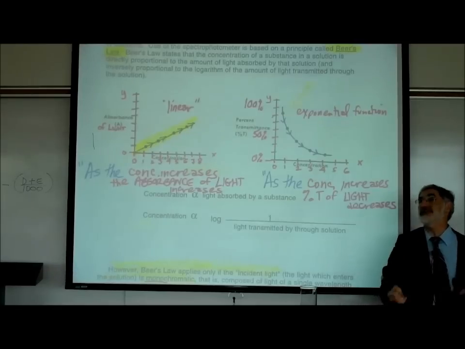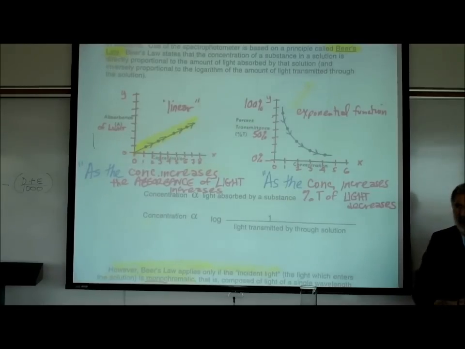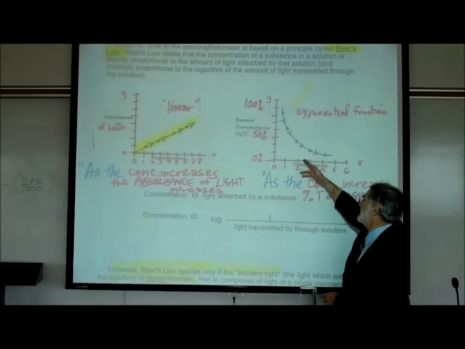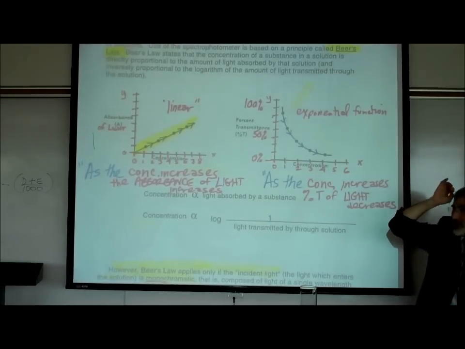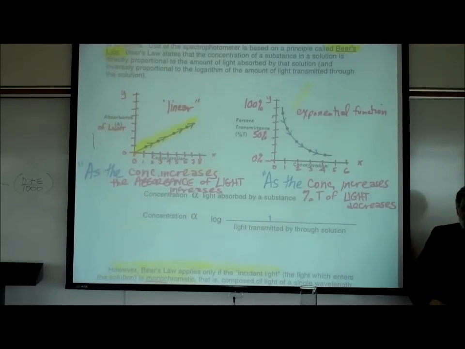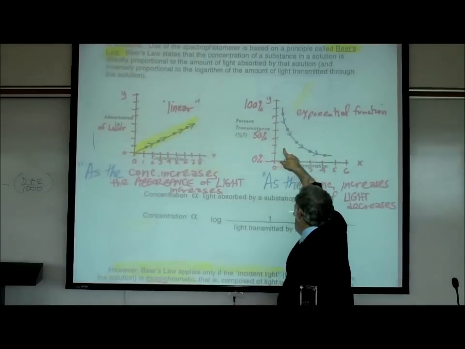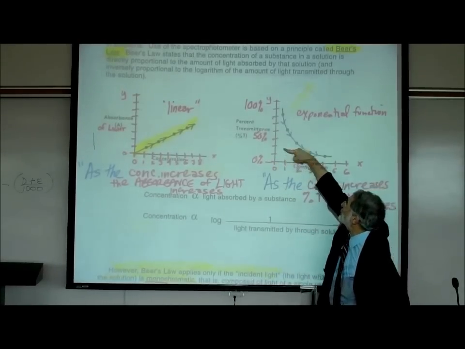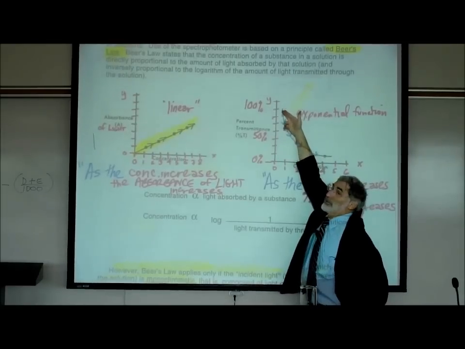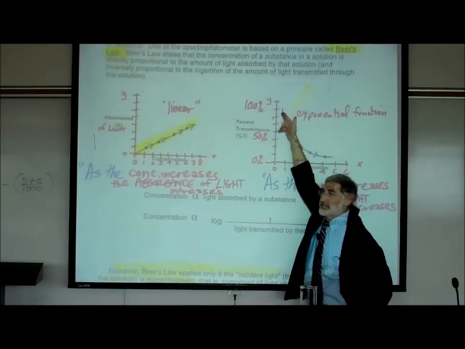This is an inverse relationship. Inverse means as concentration increases, the percent of light going through the solution decreases. Here's how we would look at this graph. If the concentration was this much, then we get almost 100% transmittance of light.